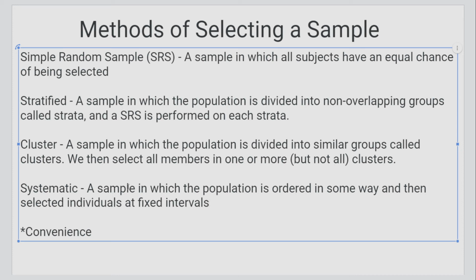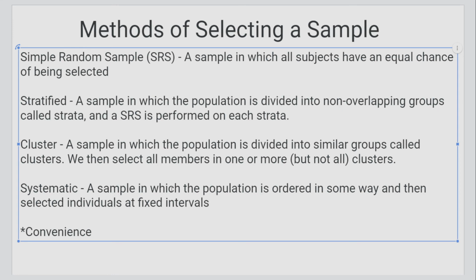I might line them up by student ID numbers and get every 4th person. And so systematic is the easiest one to identify, where I order the population and then I get every nth person. And so that's systematic.